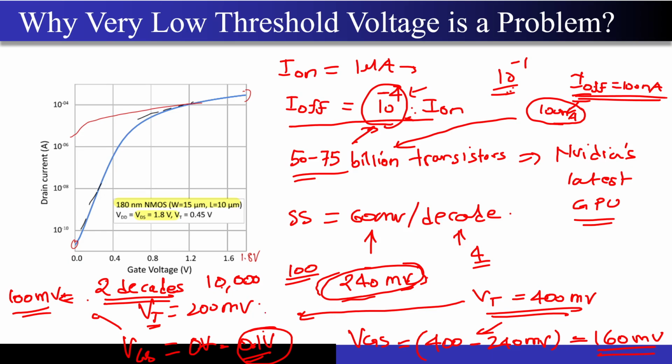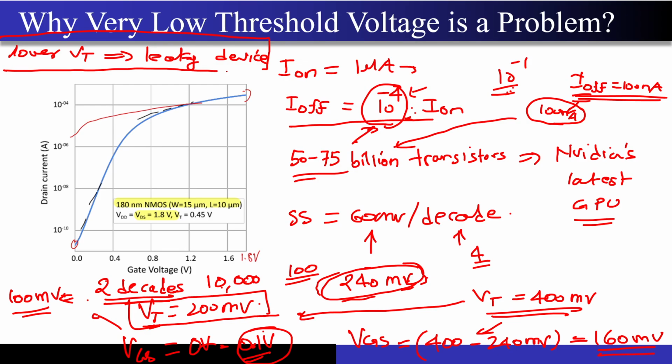So that is one of the main reasons why your VT cannot be low. If you read multiple books or papers, everyone will give this statement: lower VT means leaky device. Lower VT means leaky device. This is the statement that you will find in many textbooks, correct?